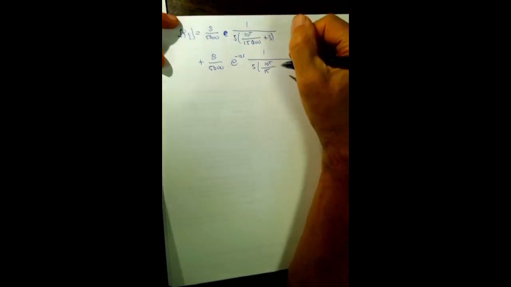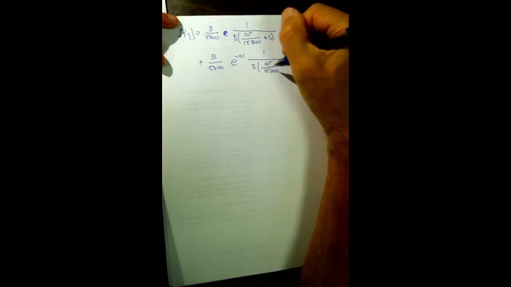That's 15,000. Is that right? Yeah, 15,000, because that's 3 times 5,000 plus s. All right. Okay. I think we're okay now.